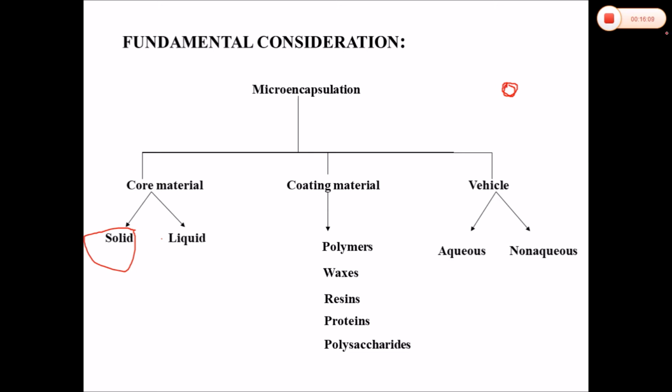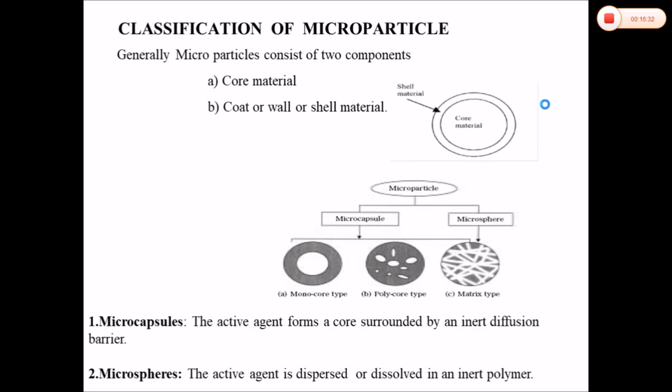So we have to encapsulate them with the help of suitable coating materials. Okay, so the inner part will be our core, and the outer part we call the coating materials. In the previous slides we'll go here.